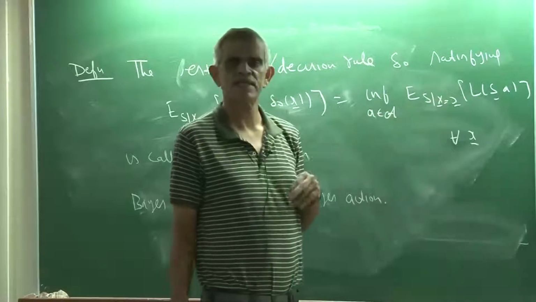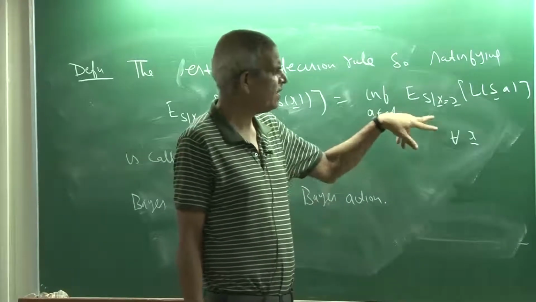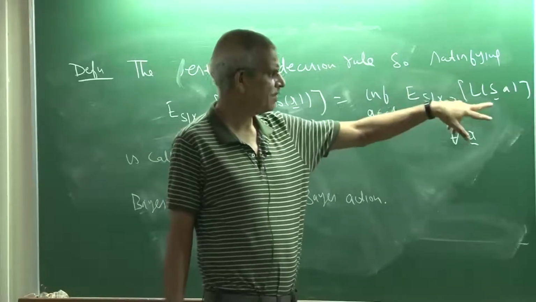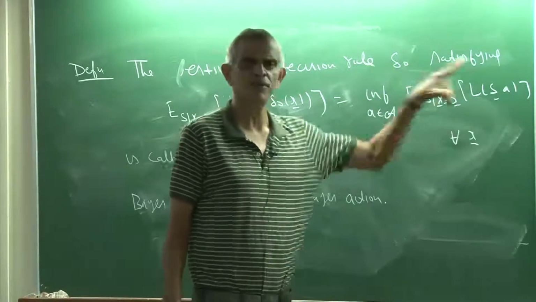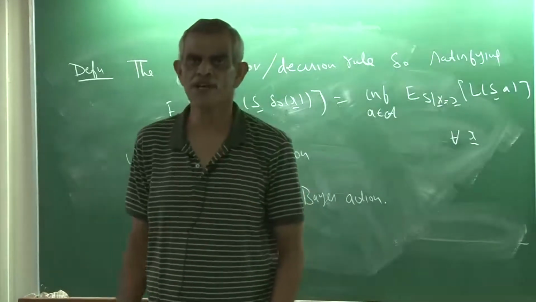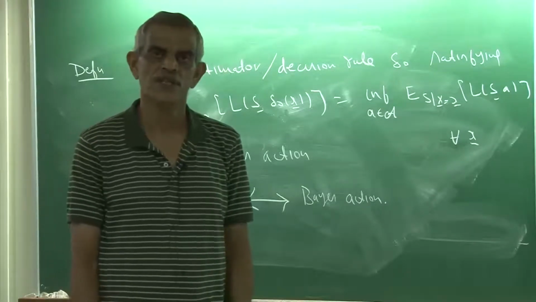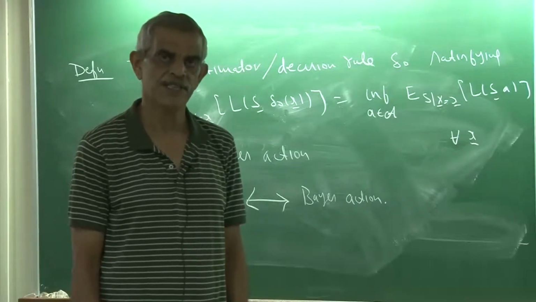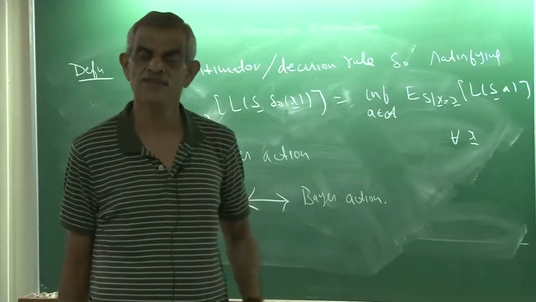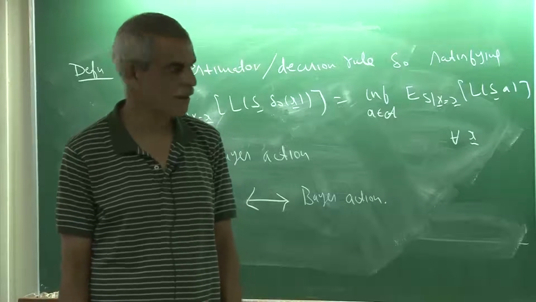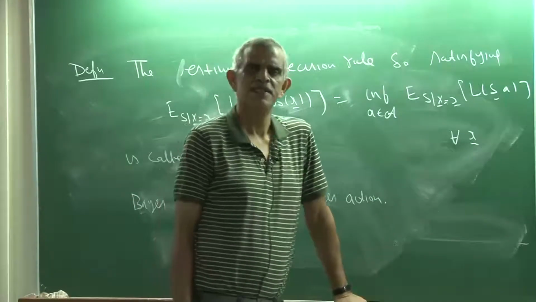You try to look at the posterior distribution of theta given X equal to x and see what is the average loss, average taken over theta, and then try to minimize this quantity. Whatever a x you get for different values of x, that gives you the Bayes estimator. There may be other Bayes estimators also, but there is always a Bayes estimator which is a Bayes action. So this is a very useful technique to find Bayes action.